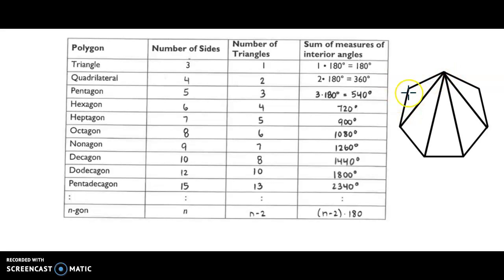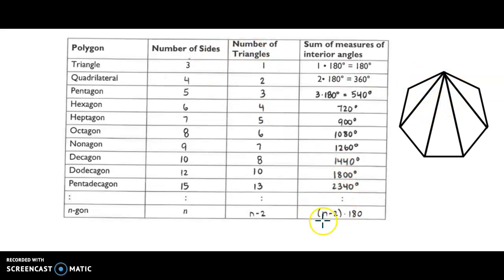And in one triangle, we know that the angles of a triangle add up to 180. So if there are 5 triangles, then it's 180 times 5, which comes out to 900. And so that's why there's this formula here.